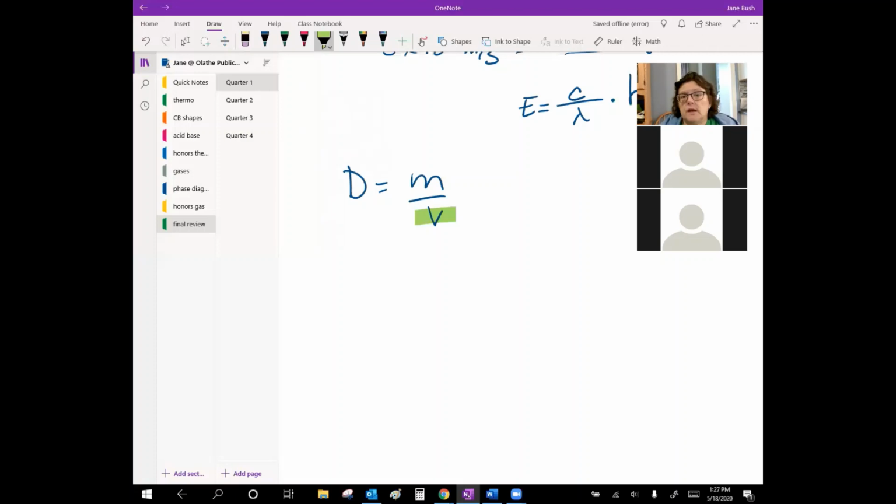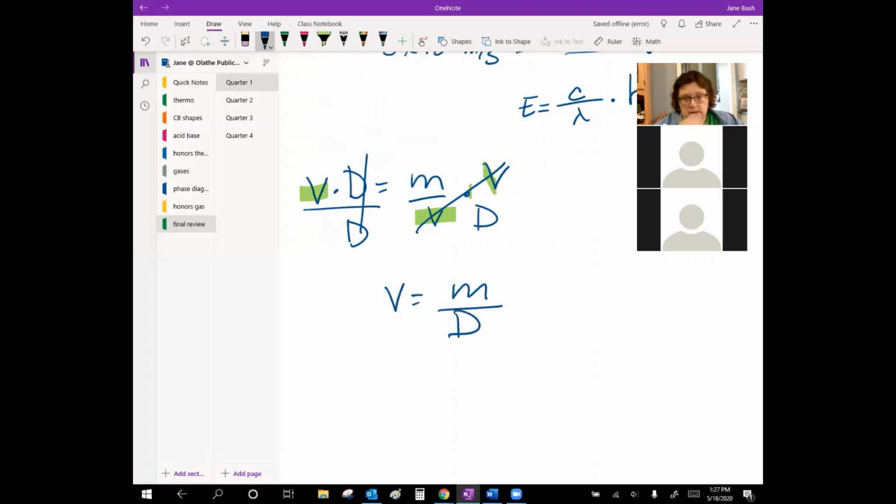Now you got to rearrange it. To rearrange it, multiply both sides times V. Now, if we're still solving for volume, he's not by himself yet. So now we got to divide both sides by D. So volume is equal to mass divided by density.